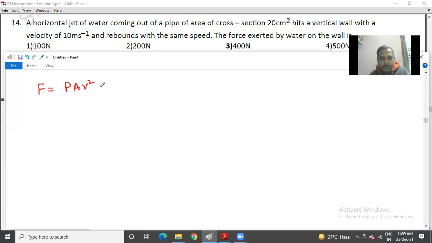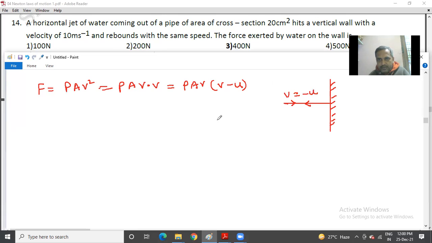If you want to incorporate change in speed, you have to change this as rho A V into V, so now this becomes rho A into V minus U. On hitting the wall, the jet of water moves back with the same speed, so therefore V is equal to minus U. So rho A V into V minus of minus V gives 2V. So F is rho A V square with 2.